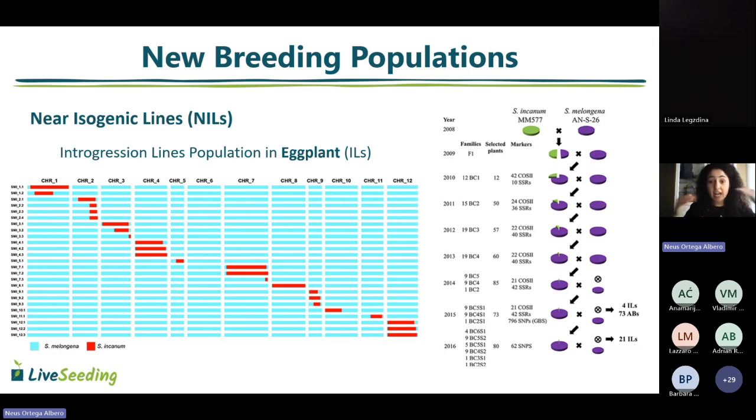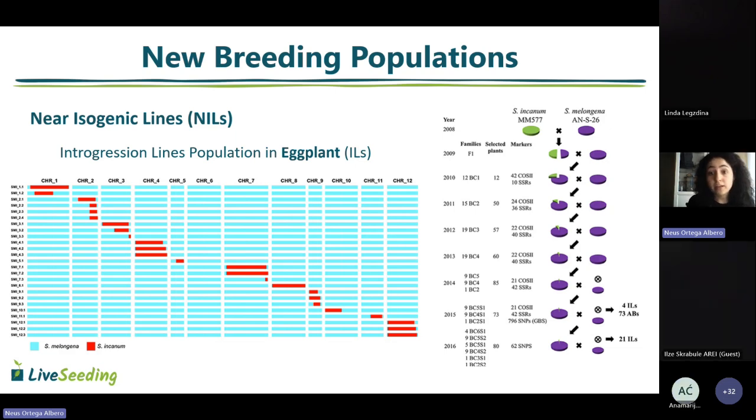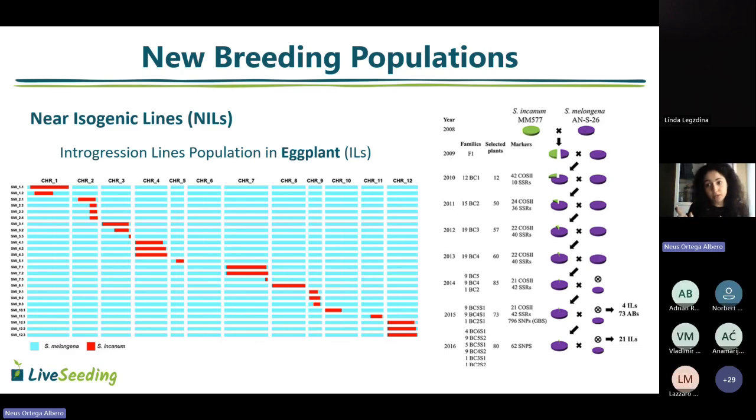Comparing each line, we can see the differences in the phenotypes, for example, different adaptations, different resistances, different tolerances, different fruit quality traits, different agronomic traits, and see which region of the genome is responsible for this trait. So we can not only associate traits to genomic regions, but also we can develop breeding materials for commercializing with a high added value.